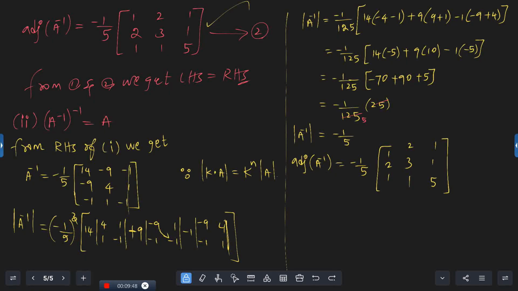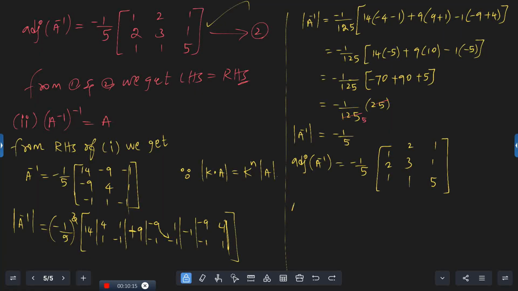Now what is the formula? Let's substitute in the formula.